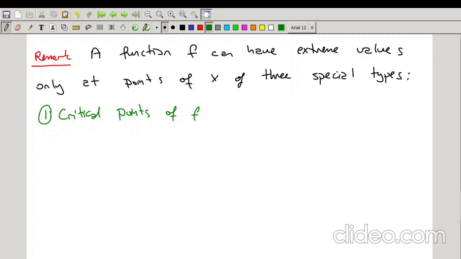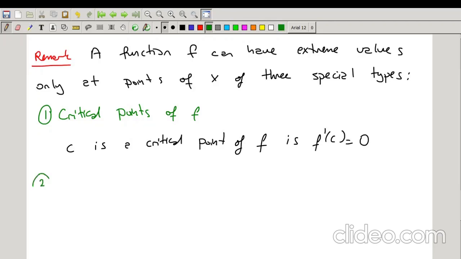Let's say c is a critical point of f if f prime of c equals 0. The second type of points are called singular points of f.